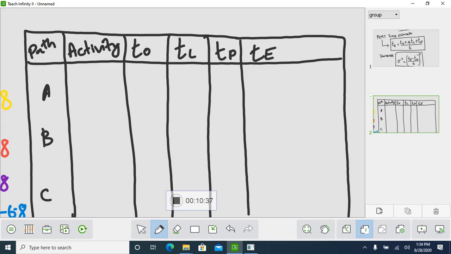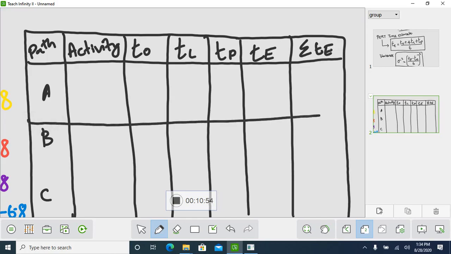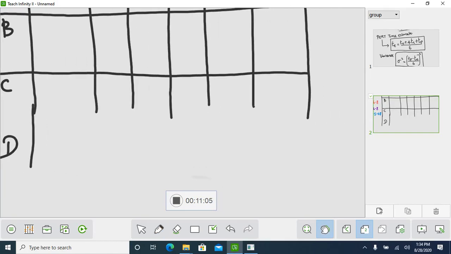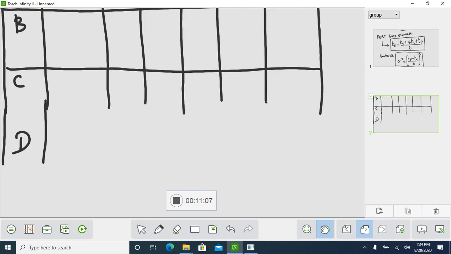In this sum, your question is to find the expected time, that is TE. Next you have to do the sum of expected time. So path A will be here and you will be doing path B, next path C and D.